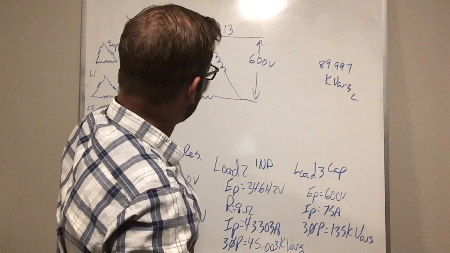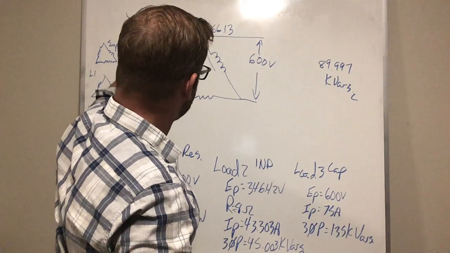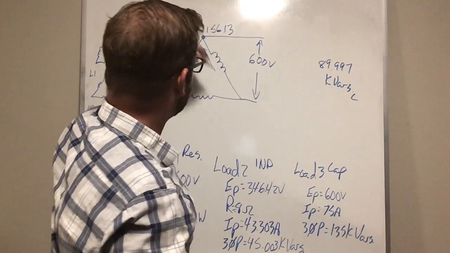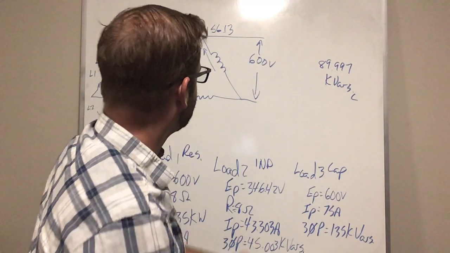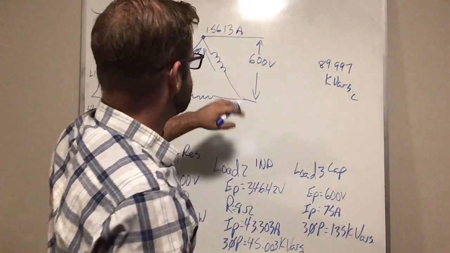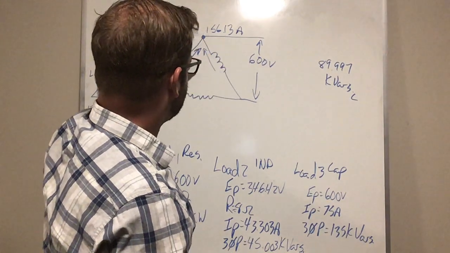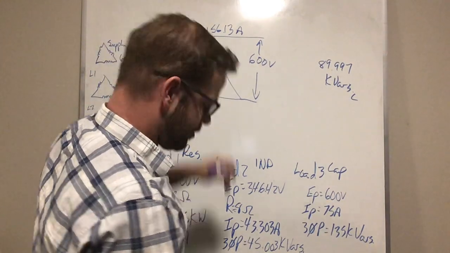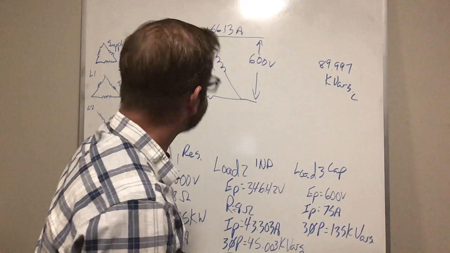So we have two coils that are vectorially adding together to get our 156.13 amps. So it means that our phase currents can be √3 smaller.